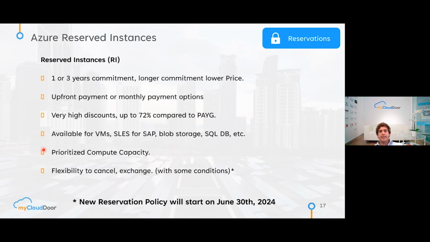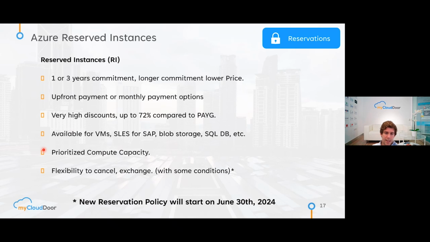And then lastly, the reservations have some flexibility to cancel or to exchange. Okay. There are some conditions for that, because Microsoft has launched a new reservation policy that will start at the end of June this year. Right now the exchange is not limited, but we'll have some limitations for only one exchange starting the end of June of this year.